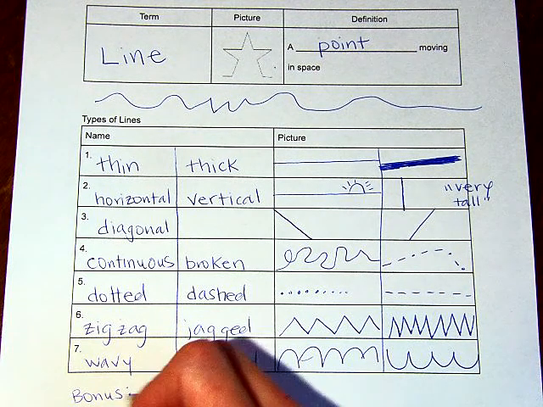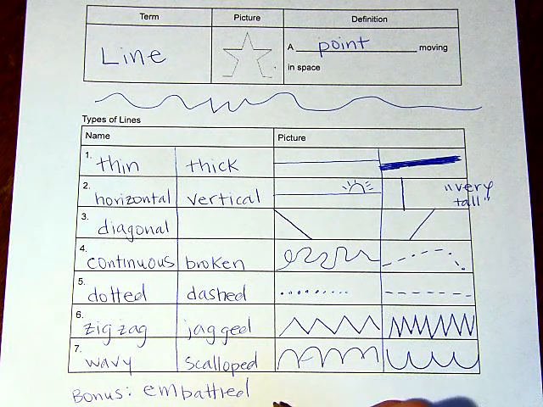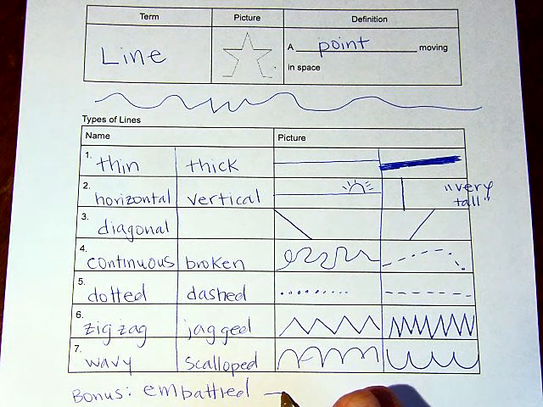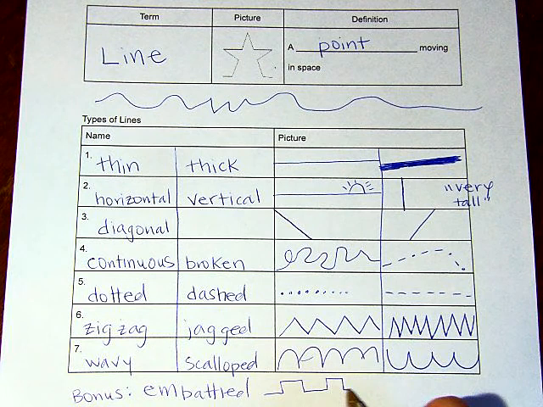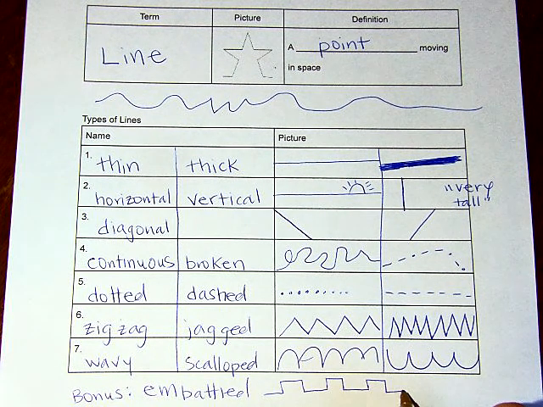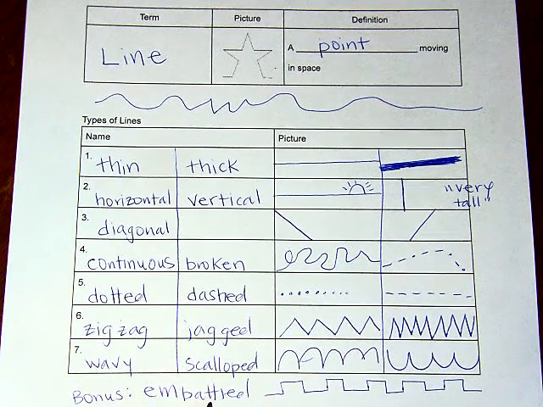And then one bonus would be a type of line called embattled. And for that, little kids love to make this. You go over, up, over, down, over, up, over, down, over, up, over, down. And the great thing about this is that it is like the top of a castle. But this is another one of those words where you can break it apart. It literally has the word battle in it, and so that should be a clue to you.